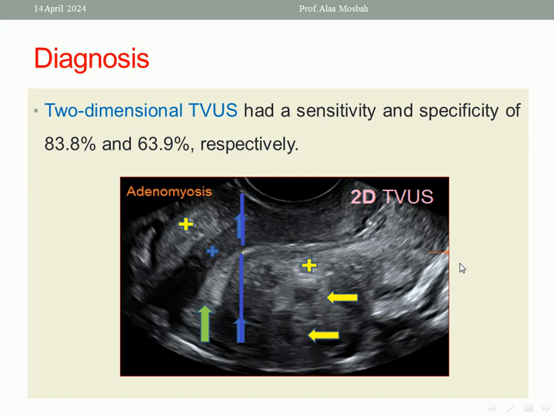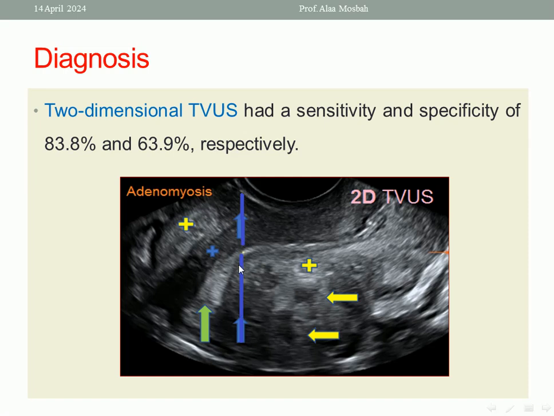What are the features of adenomyosis by 2D transvaginal ultrasound, as in this picture? Can you see the blue line here, extending from the endometrial line, which is S-shaped in case of adenomyosis? This is the posterior wall thickness, and this is the anterior wall thickness.